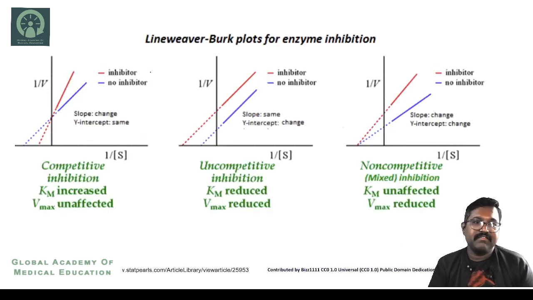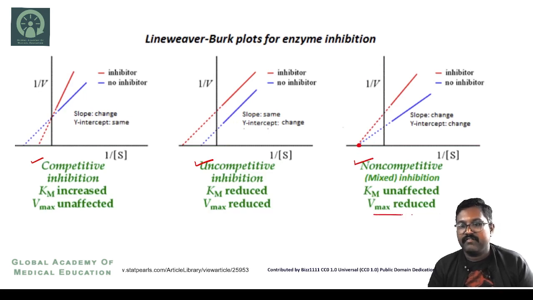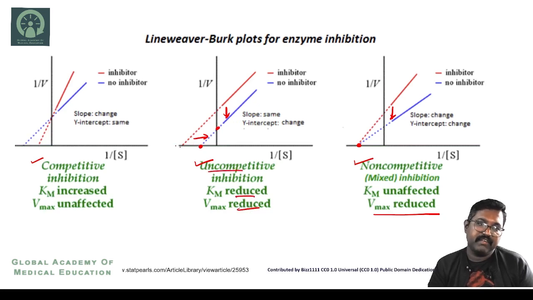So here is the graph which you can use to differentiate between the competitive inhibition, the uncompetitive inhibition and the non-competitive type of inhibition. So in non-competitive, the Km is the same, it is not affected, but the Vmax is reduced. Whereas in case of uncompetitive inhibition, both the Km and the Vmax are reduced.